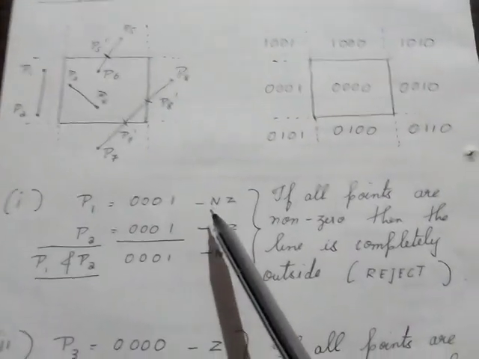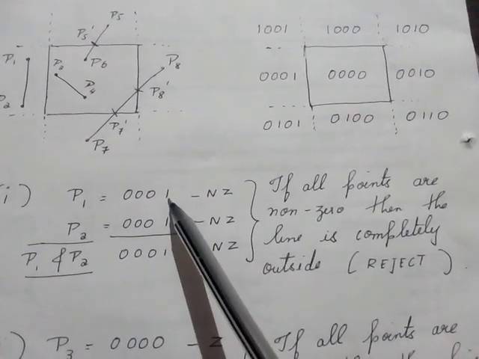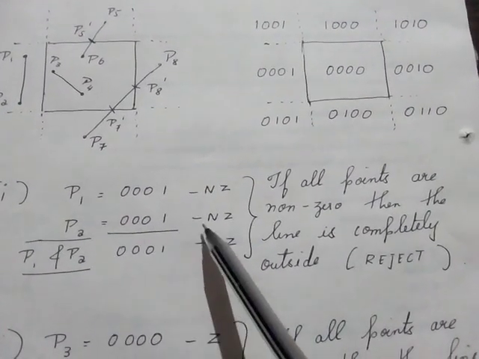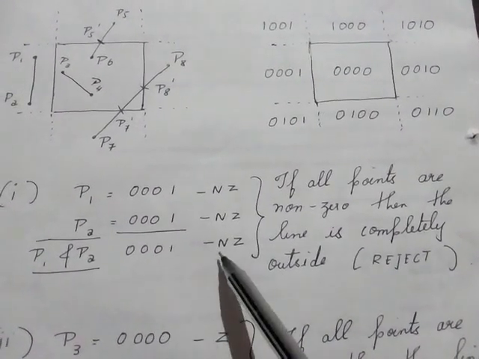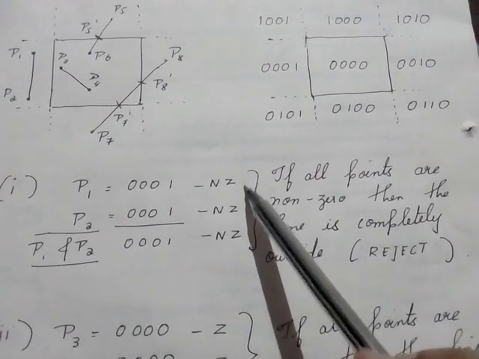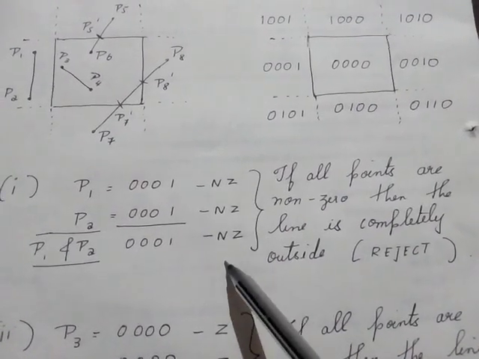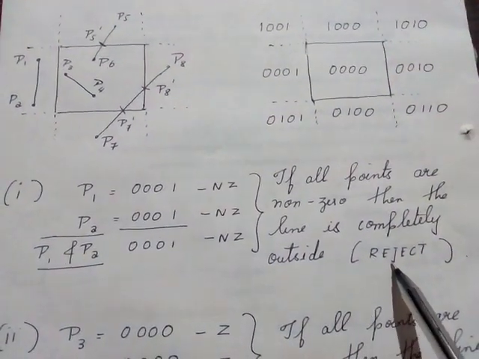So the result is non-zero, that means they are not all zeros. If the AND of the codes of a line's endpoints is non-zero, then that line is completely outside the window and it has to be rejected.